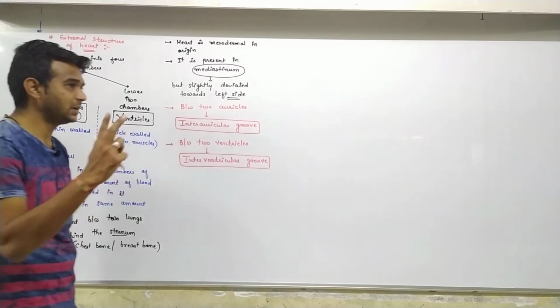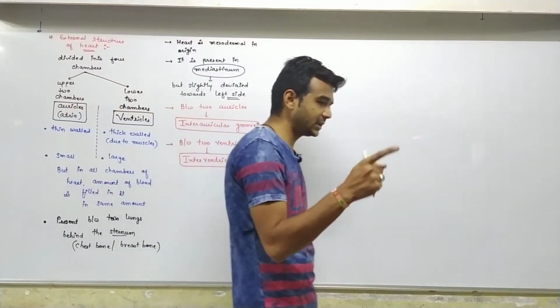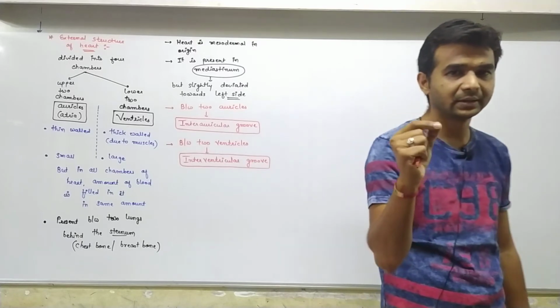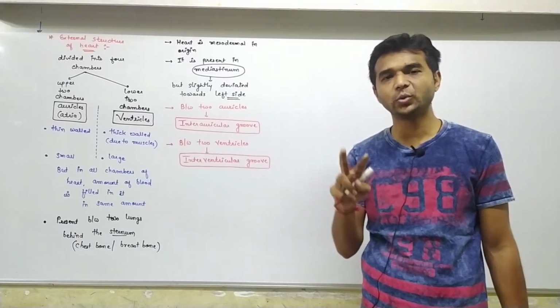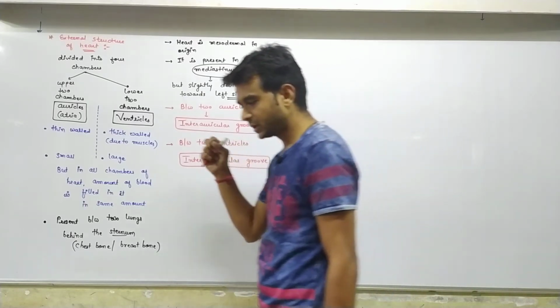So externally between the two auricles, the interauricular groove is there, and between the two ventricles, the interventricular groove is there.